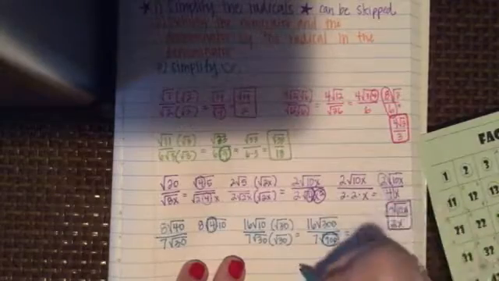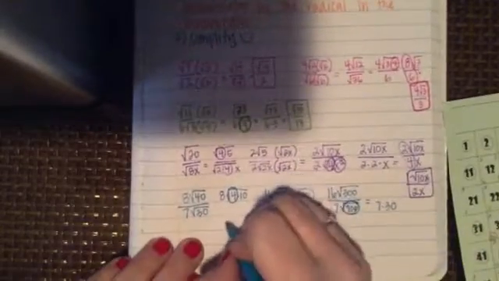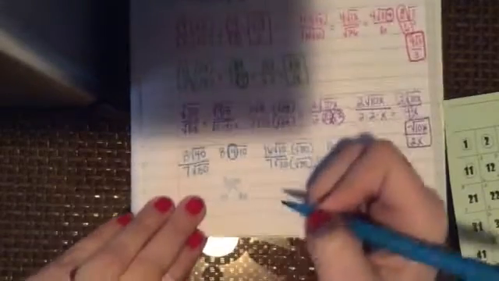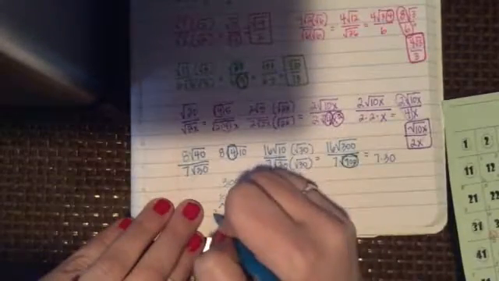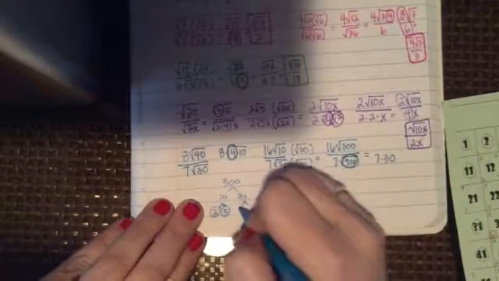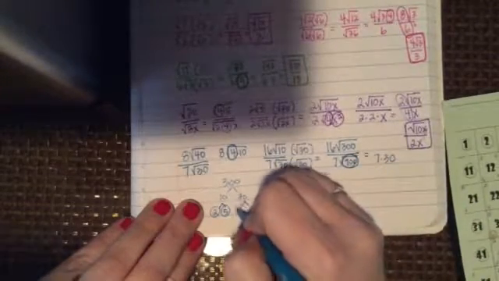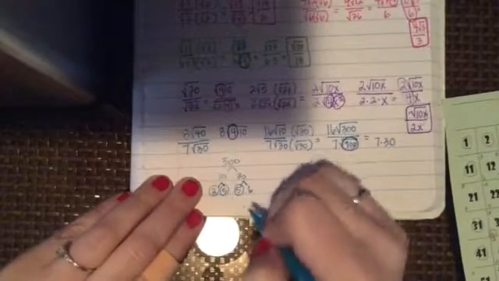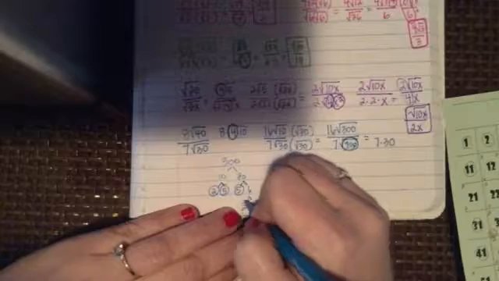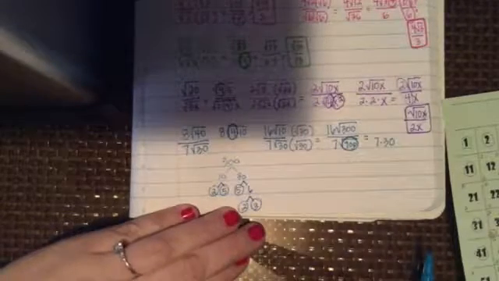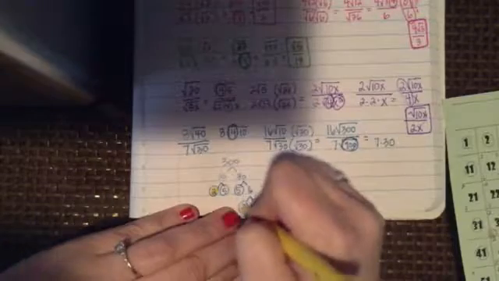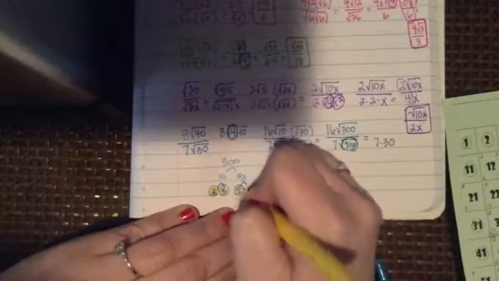300, I'm going to prime factor that. Let's do it down here. 300. So I have 10 and 30. I get 2 and 5, which are prime. 30 is 5 and 6. 5 is prime. And 6 is 2 and 3. I look for pairs. I've got a pair of 2s, and I've got a pair of 5s.